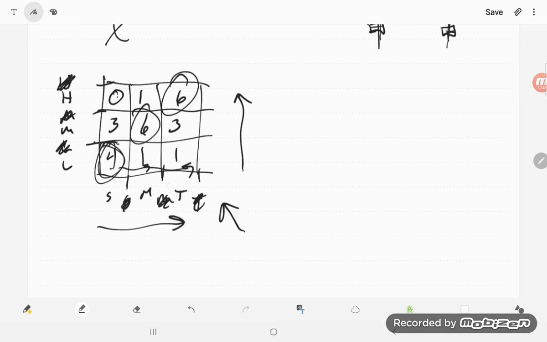It is the same data. We're just summarizing it in a different way, and we still want to know the same question. Is there a dependency between the height and the weight? And it certainly looks like there might be here, because as I change rows, the proportions look different.